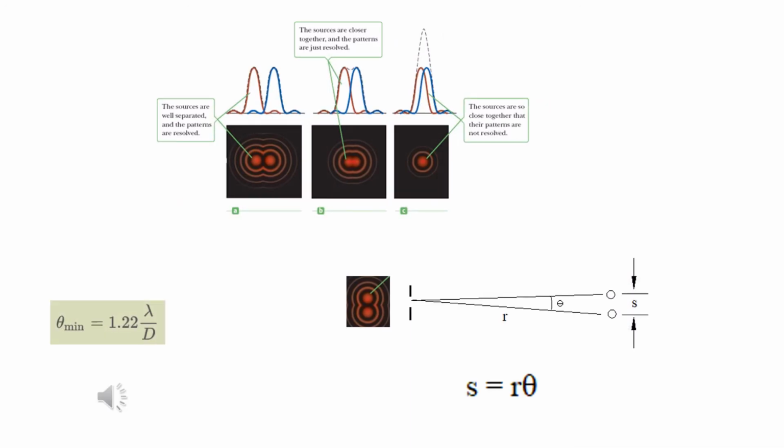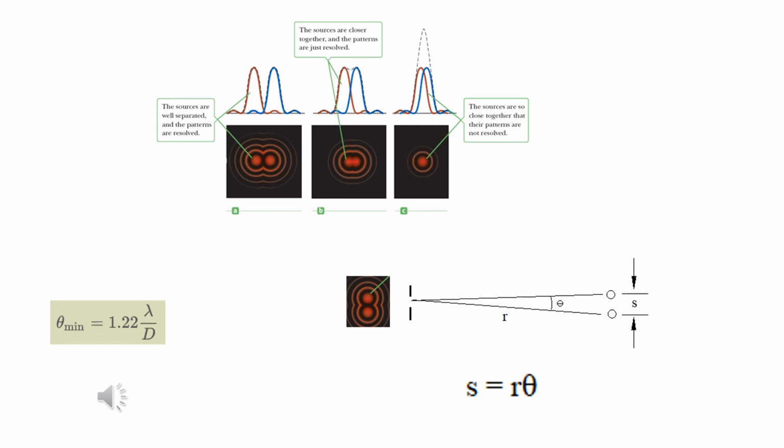So the one thing that wasn't mentioned in the last slide was the relationship between theta and r and s. You can see that little formula on the bottom there, s equals r theta. In some problems, they'll just ask you, what's the minimum angle that you can resolve these two stars with a given diameter at a certain wavelength.